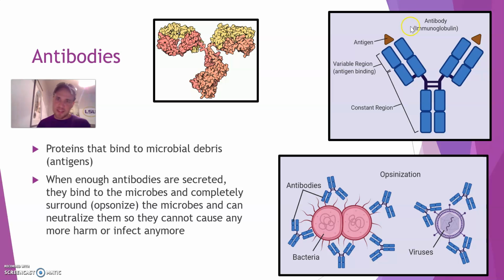And so what antibodies do is they actually bind these microbial components through their variable region. There's this other region called the constant region, which for our intents and purposes isn't as important. They are very important, but I'm not going to make y'all learn that. But these variable regions are what actually bind to the antigen.